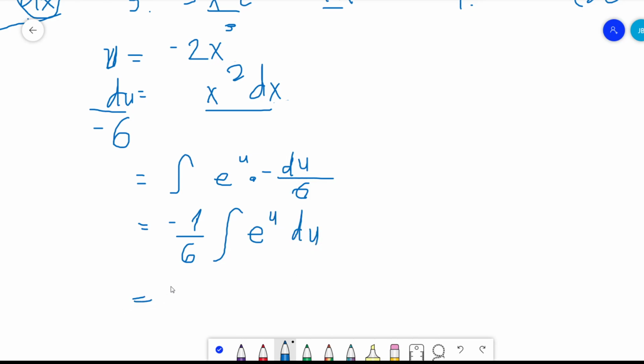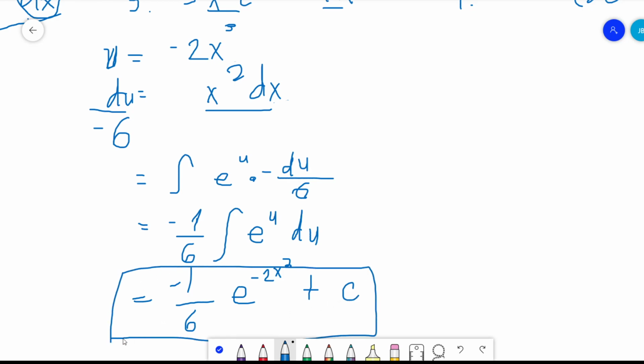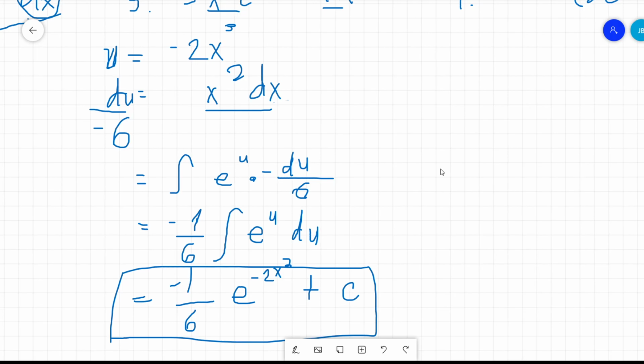Therefore, that's negative 1 over 6. The integral of e^u du is just e^u plus c. So e raised to negative 2x cubed plus c. Now, this is our final answer. Okay? All right.